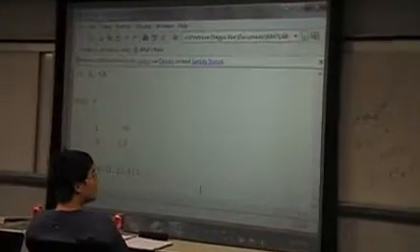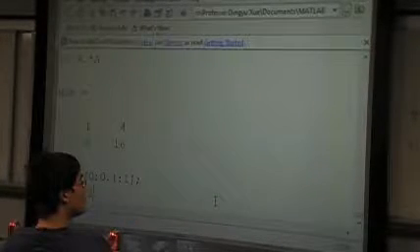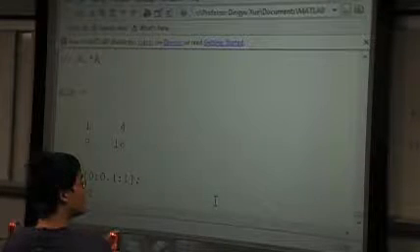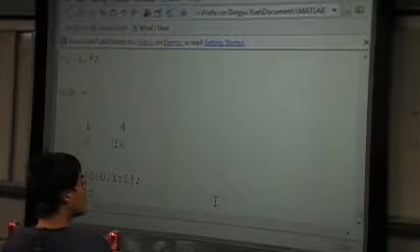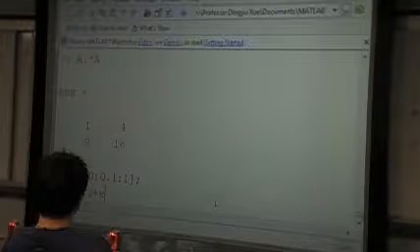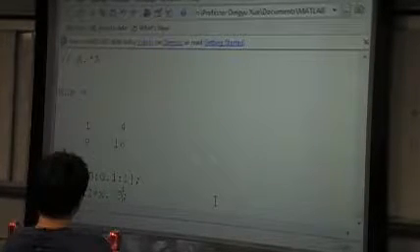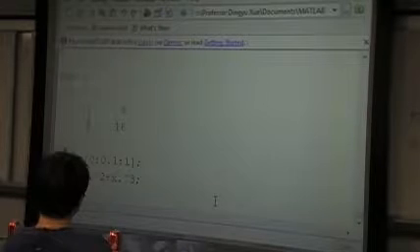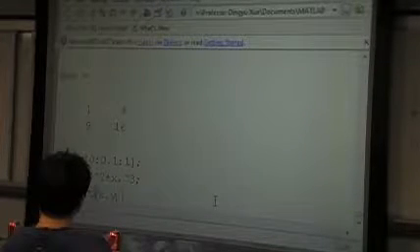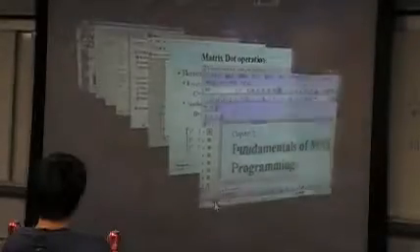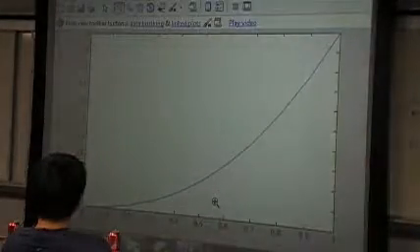So x squared means that for every element of x, we have to take a square operation. And this one also, for every value of x, we have to take the cubic operation. So we cannot use x hat 2. We have to use x dot hat 2. So these are useful in drawing graphs. So in this case, we can find y and plot them together. So we can immediately draw the curve of the function like this.